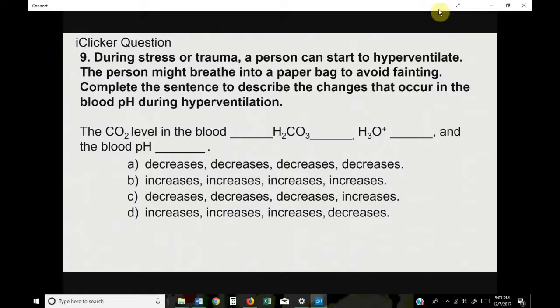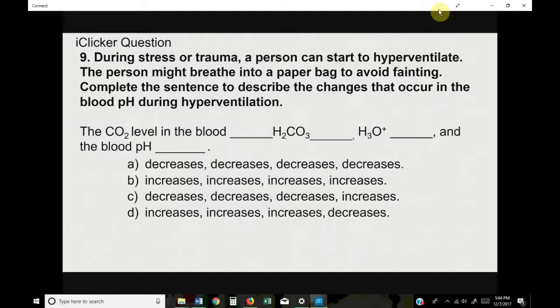What happens to the CO2 levels in the blood? I said increase, I'm sorry. With hyperventilation, we end up losing too much CO2. So the CO2 level in the blood decreases, making the carbonic acid level decrease.